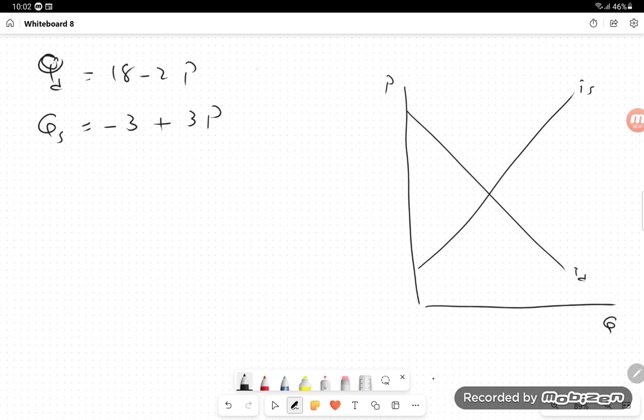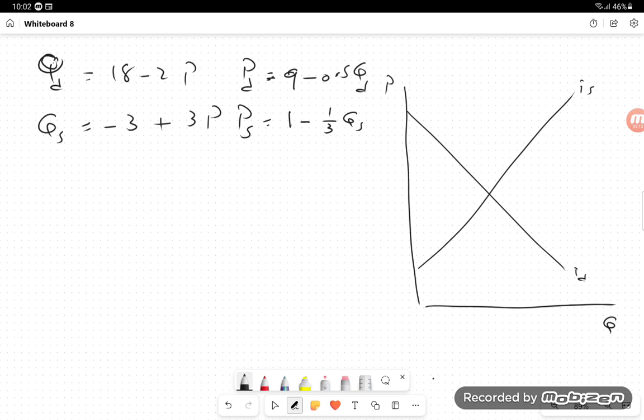Or we can rewrite the equations as PD, which is the inverse demand function, 9 minus 0.5 QD. And the inverse supply function will be 1 plus 1/3 QS.